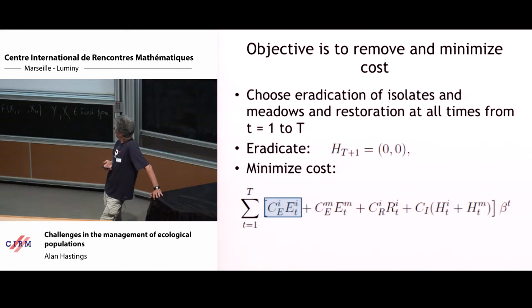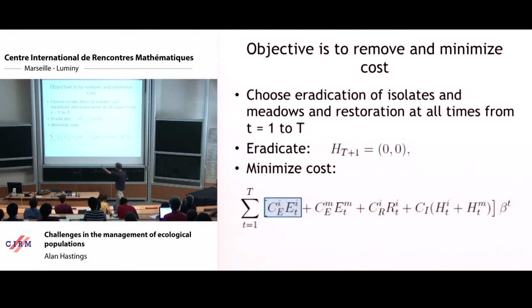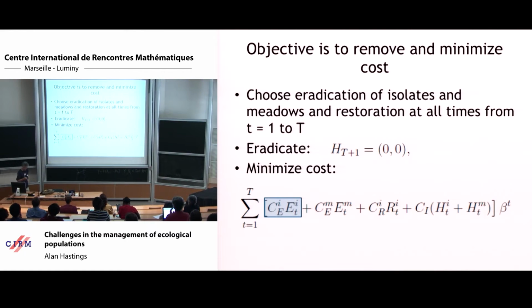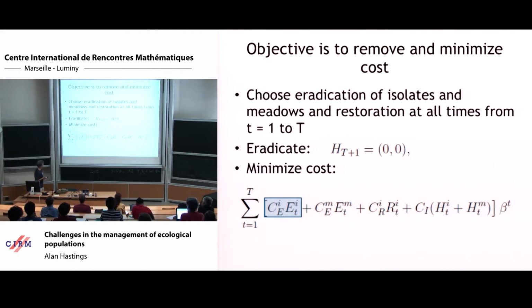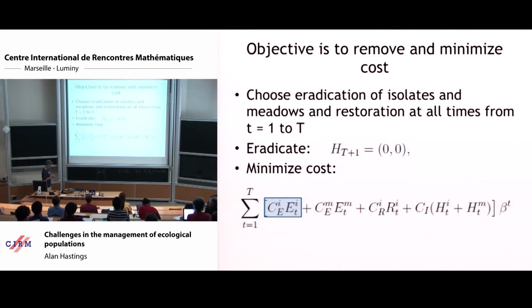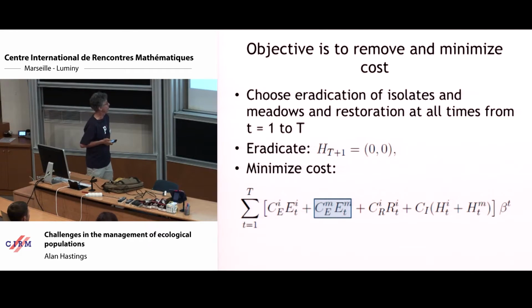And so if we do this, we want to minimize the costs. We have costs over T years, and so we sum over the years. One of the costs is the cost of actually spending to eradicate the invasive isolates. So it's a unit cost times how much you remove.